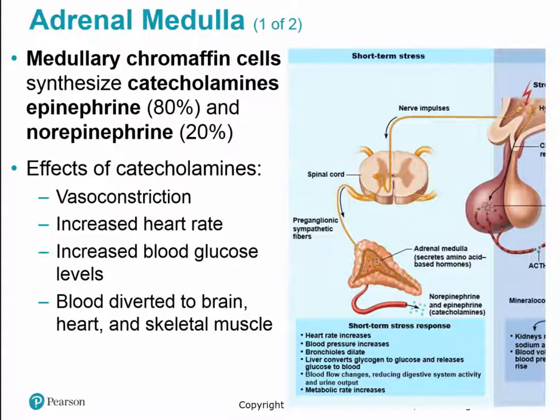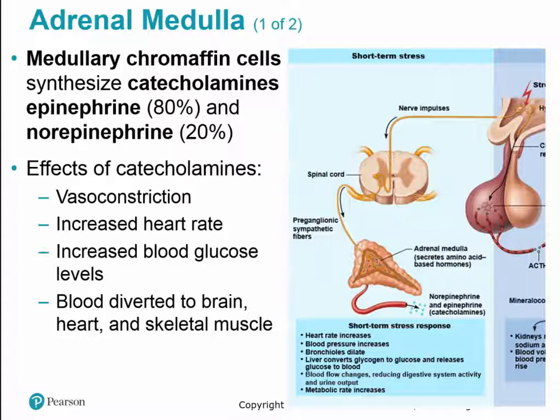Okay, so we said the adrenal medulla was actually composed of neural tissue, so it's the connection to the nervous system, the sympathetic nervous system of the adrenal gland. Cells within the adrenal medulla called medullary chromaffin cells synthesize catecholamines.